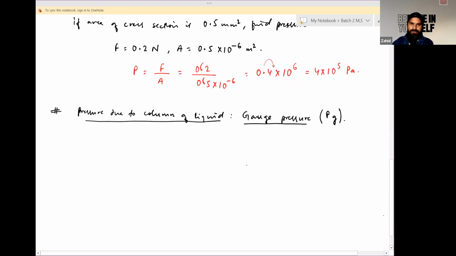To derive this, suppose liquid is kept in a vessel up to this level.